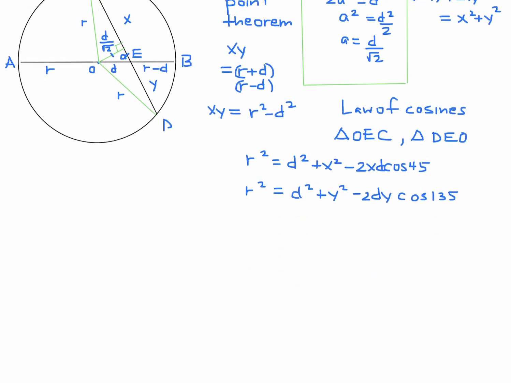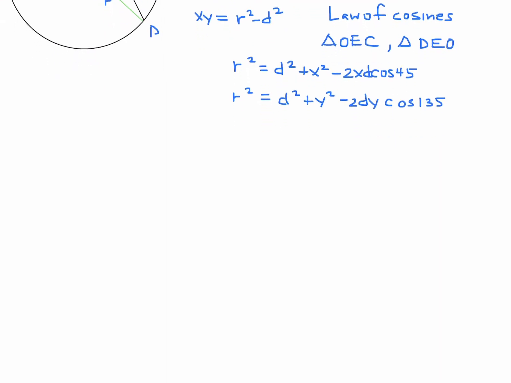All right. So now let's take these two and subtract them. And when I do, on this side I'll get 0. On this side I get x squared minus y squared. Okay, I like that. And then cos of 45 is 1 over root 2. So that's 2 over root 2, which is just root 2 xd.